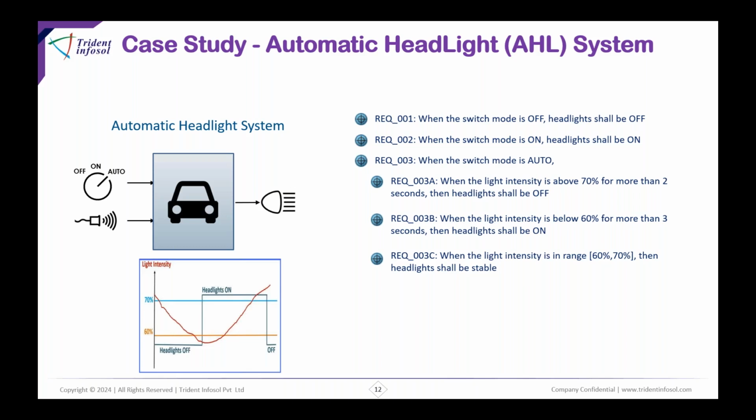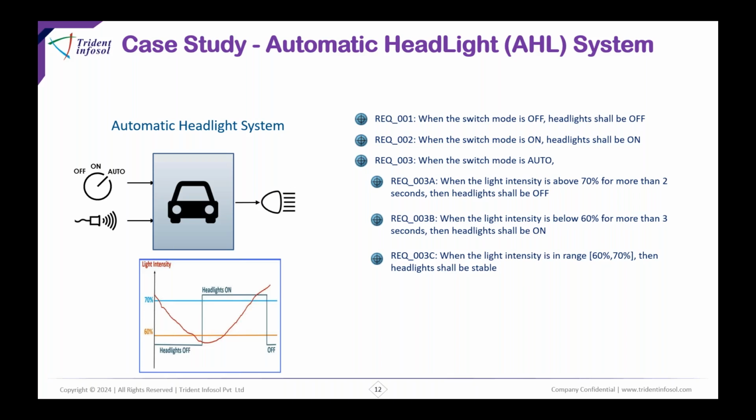Here we have an example of the AHL, which consists of two inputs: a switch and light intensity. From the figure we can understand that the switch has three conditions: off, on, and auto, and the light intensity ranges from 0 to 100%.